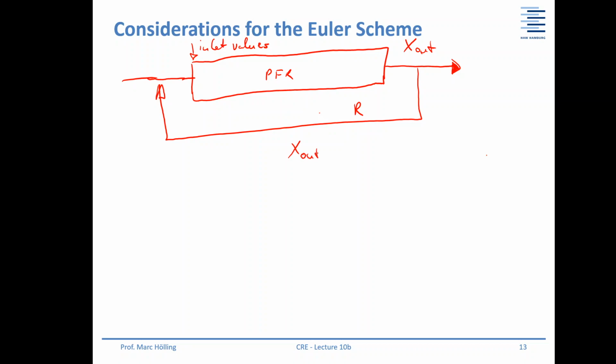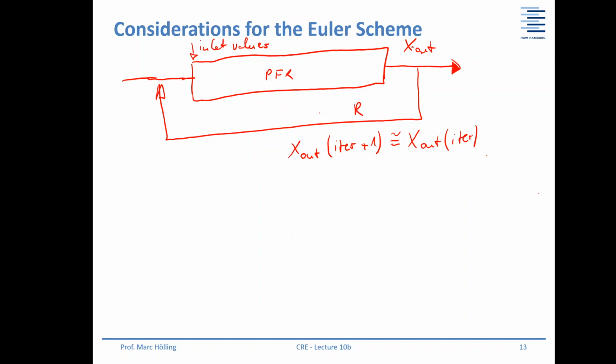Now it's iteration, so x out from iteration plus 1. So what I do is I calculate my conversion at the outlet of the reactor, and so I have here an external iteration loop.